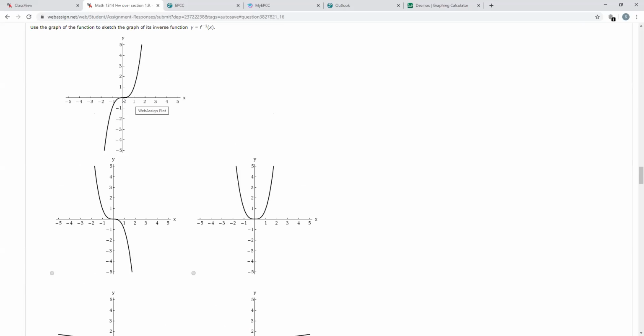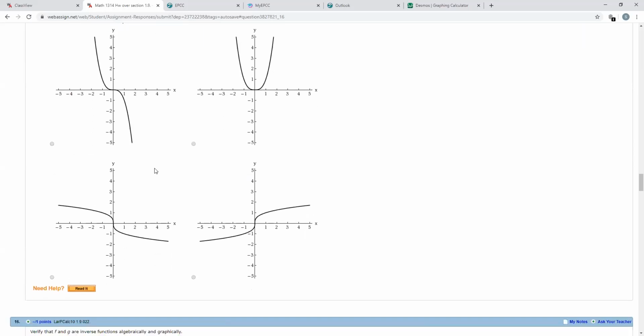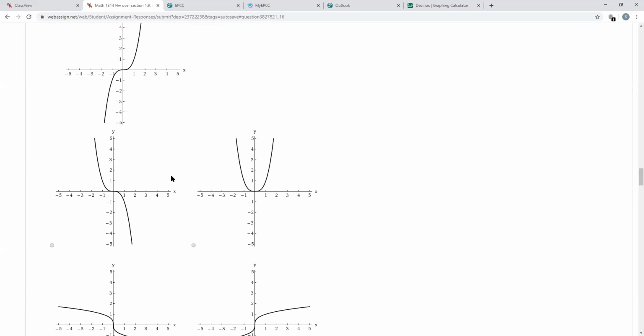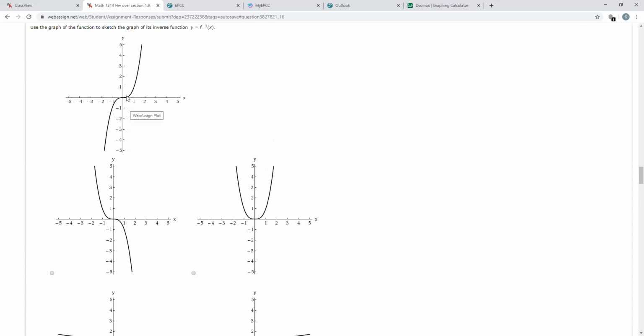Well, 0, 0 is on this original graph, so 0, 0 has to be on the other one. And all of them have 0, 0, so that's not enough. Then you have to keep going. Or you can just take this little shape right here, and there's more than one way you can do this. You can use the different ideas behind the graph. And I'm afraid I'm going to butcher this line.